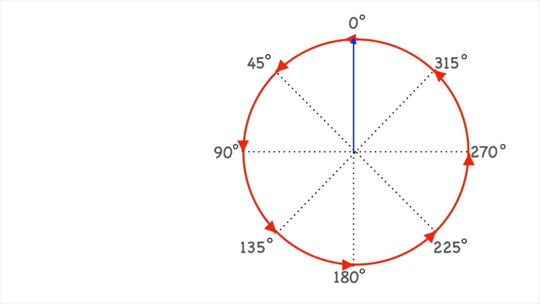If you prefer, we could add the 45 million dVs all together first to produce this macroscopic delta V representing the cumulative change in velocity, and then add that delta V to v naught. The resultant would of course be the same as before.